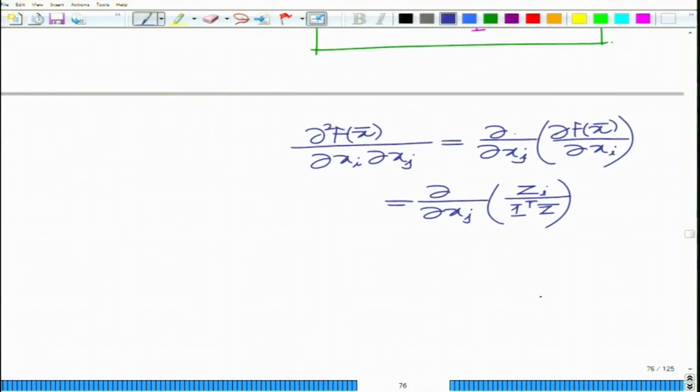The partial with respect to xj of zi is 0. So you can write this as minus 1 over 1 bar transpose z bar square into the partial of 1 bar transpose z bar with respect to xj, that leaves only zj, which depends on xj.